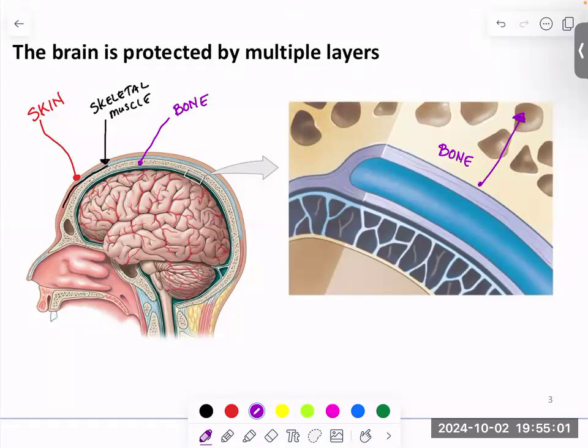And then you're going to have this layer underneath the bone before you even get to the brain. That is your meninges. The meninges have a very specific role.